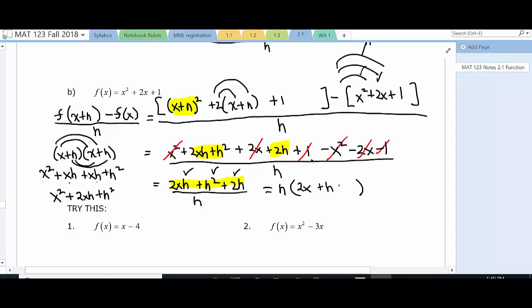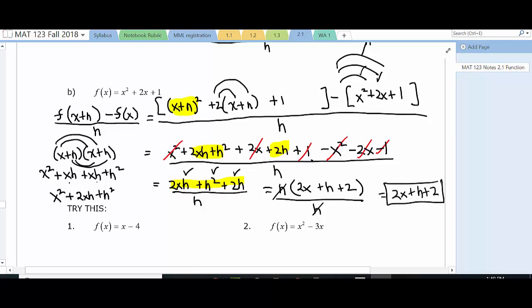Then h has to be multiplied by 2 to give that. So you're factoring, taking out common factors. Now you can wipe out the h's, and that's as far as you can take this answer. So you get 2x plus h plus 2.